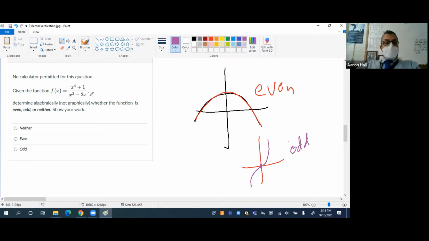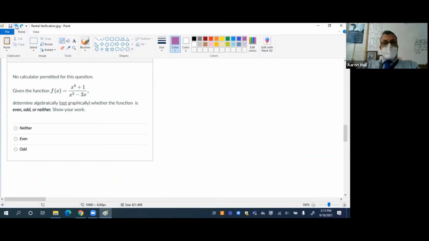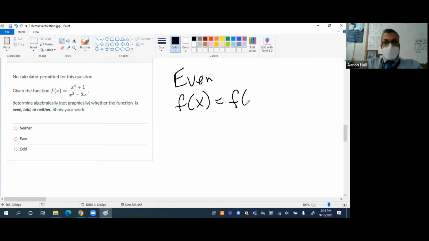Now, how do we do this algebraically? If it's algebraically, isn't it even when f of x equals f of negative x? What kind of transformation is this?